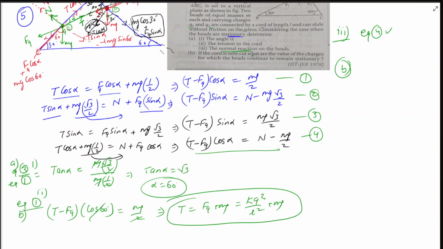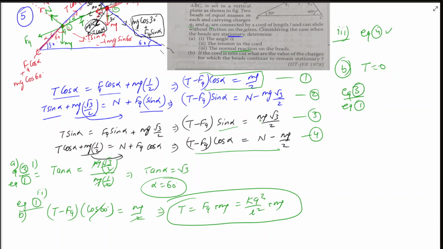The cord is now cut, and what are the values? If the cord is cut, tension should be 0, right? So we can use this equation or this equation. First we have to find this tan alpha. So again, equation 3 divided by equation 1.